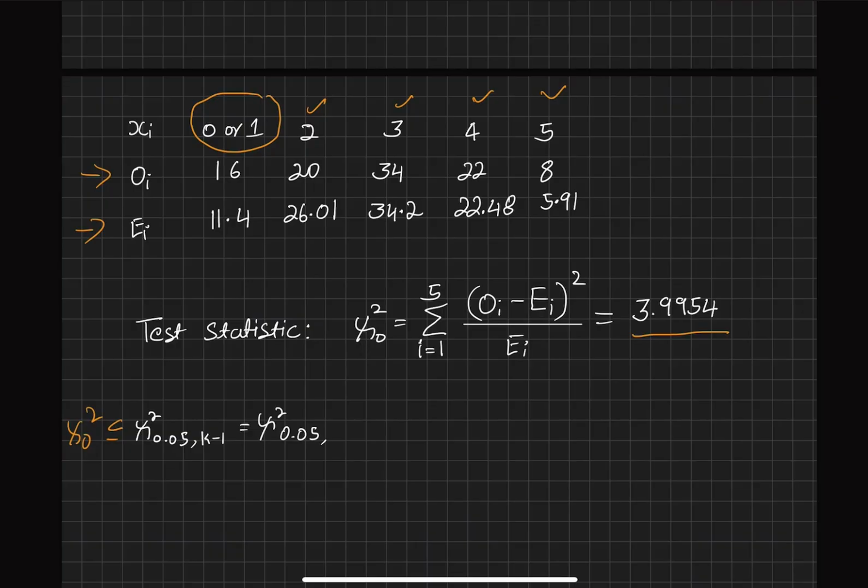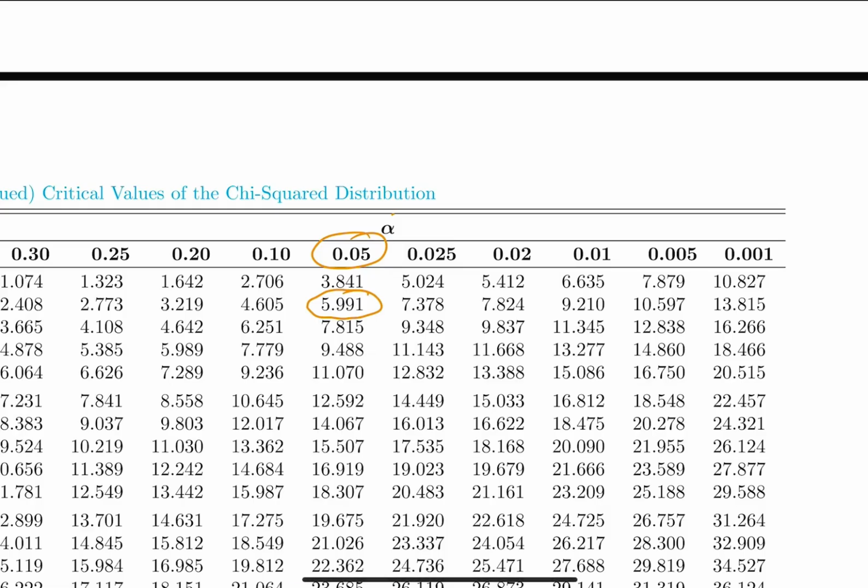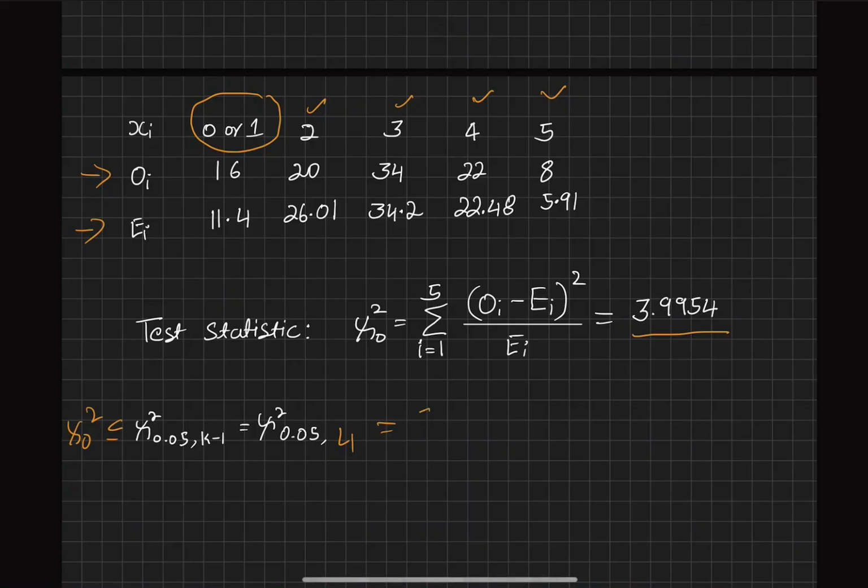Here we have k is 5, so k minus 1 will be 4, and chi square 0.05 corresponding to 4 will be 9.488. We can observe that the test statistic we calculated is less than the critical value. That means we have to accept the null hypothesis, that is the given data follows a binomial distribution. Thank you.